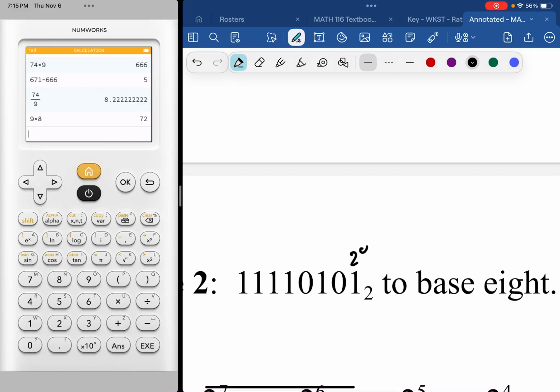So we have our 2 to the 0th, 2 to the 1st, 2 to the 2nd, 3rd, 4th, 5th, 6th, and 2 to the 7th. I basically ditch anything that's got a 0, and pretend it's not there.